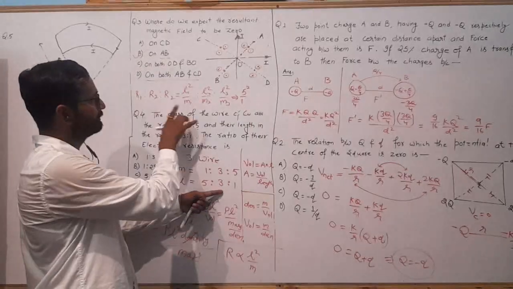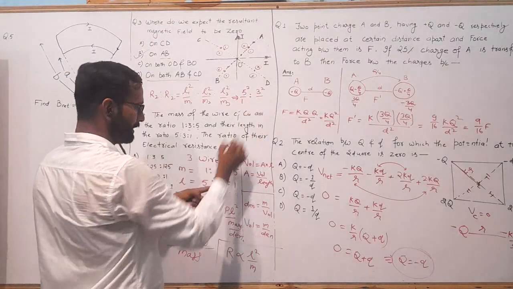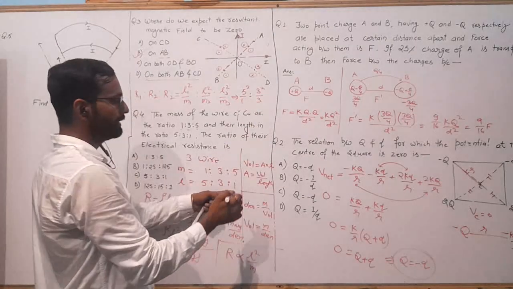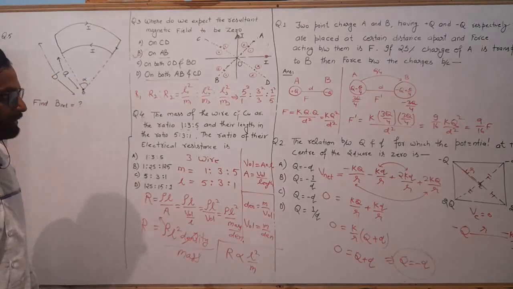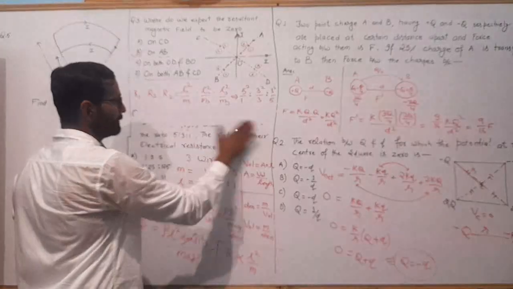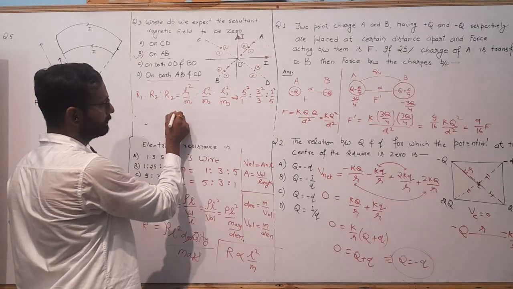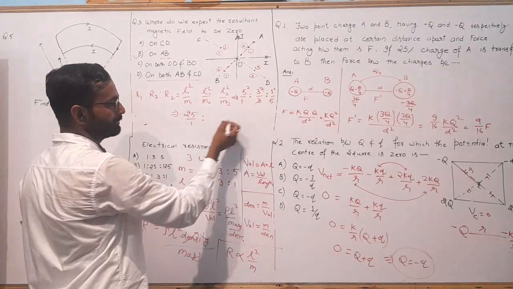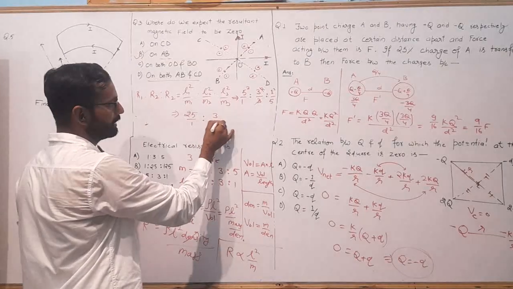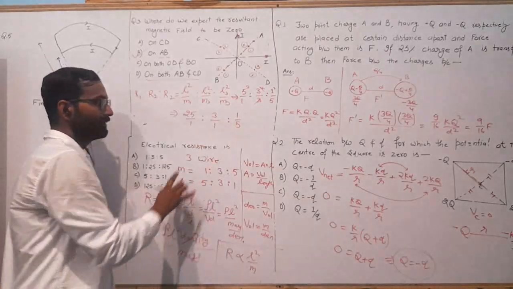Here the value of L is 3, so 3 square upon M, whose value is also 3. Here the value of L is 1, so 1 square upon 5. After simplification this comes to 25 upon 1, and 3 cancels with the power, so 3 upon 1, and 1 upon 5. These are the ratio.